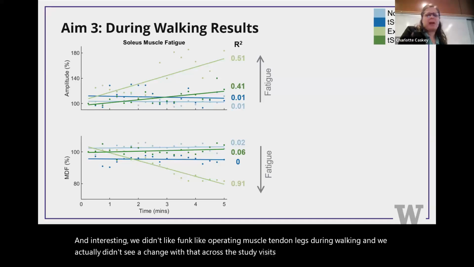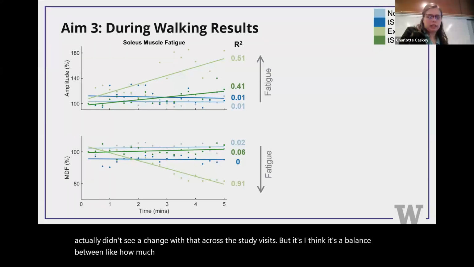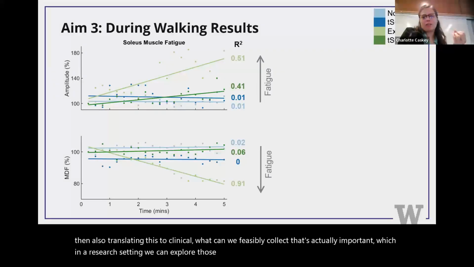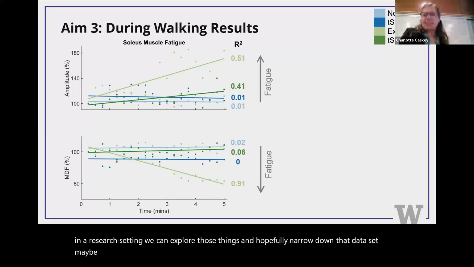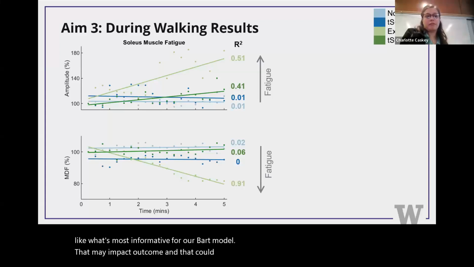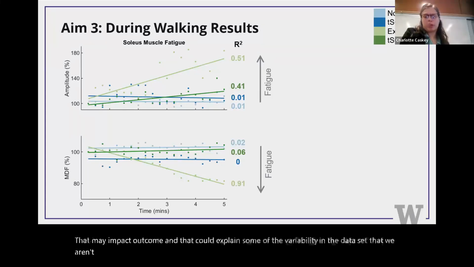But I think it's a balance between how much data can we collect within a session, both in the research, but then also translating this to clinical. What can we feasibly collect that's actually important? In a research setting, we can explore those things and hopefully narrow down that data set, maybe using modeling techniques like what you've done, and help understand what's most informative for our BART model that may impact outcome. And that could explain some of the variability in the data set that we aren't able to capture with the outcomes I've included so far.